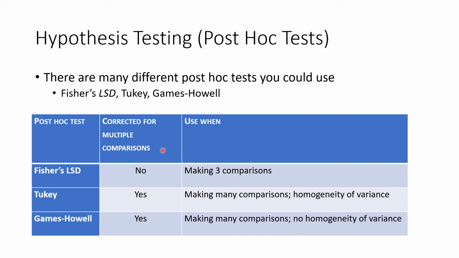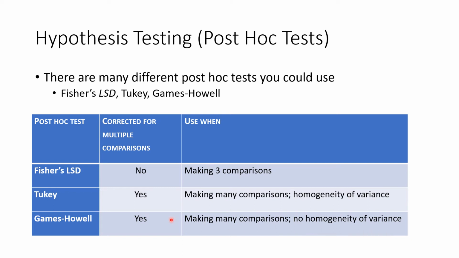So if you have 4 groups, it's common to make some kind of correction for the fact that you might be getting a small p-value just because you're making multiple and multiple comparisons. Both Tukey and Games-Howell do that. The only thing that makes these 2 different from each other is that Tukey assumes homogeneity of variance, and the Games-Howell does not.